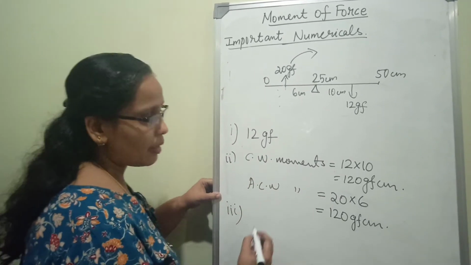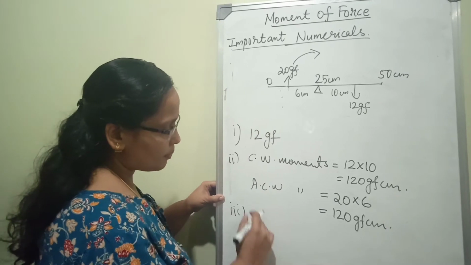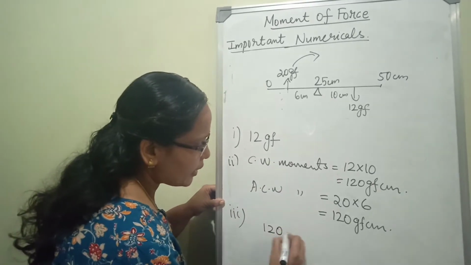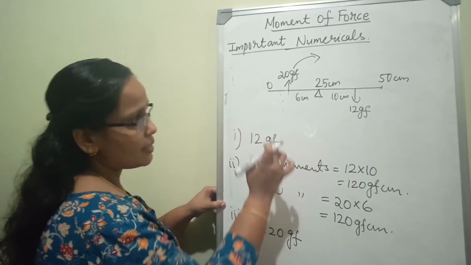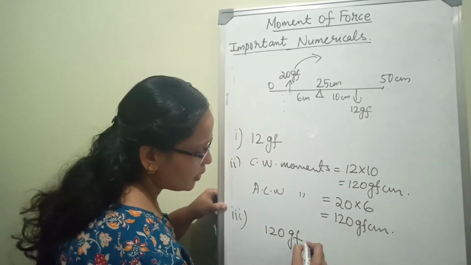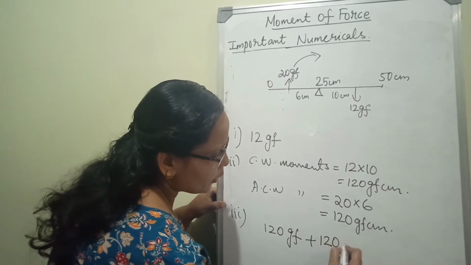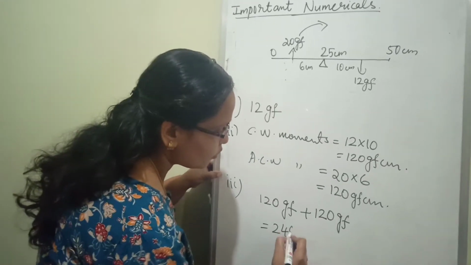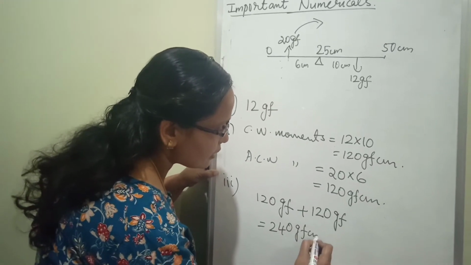So the total or algebraic moment of forces will be 120 GF centimeter due to this 20 GF plus 120 GF centimeter, both clockwise, so we can write 240 GF centimeter.